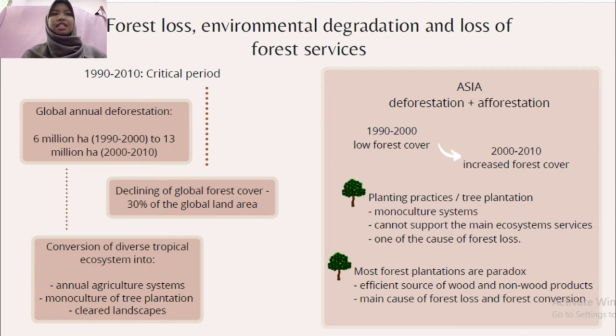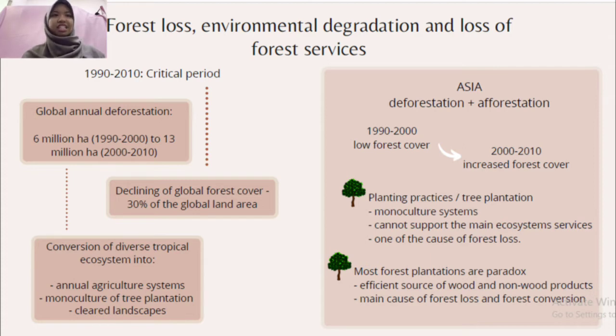While this is the global picture, in Asia we see that deforestation and afforestation are mixed. In 1990 to 2000, we had low forest cover in Asia, but it increased in 2000 until 2010.